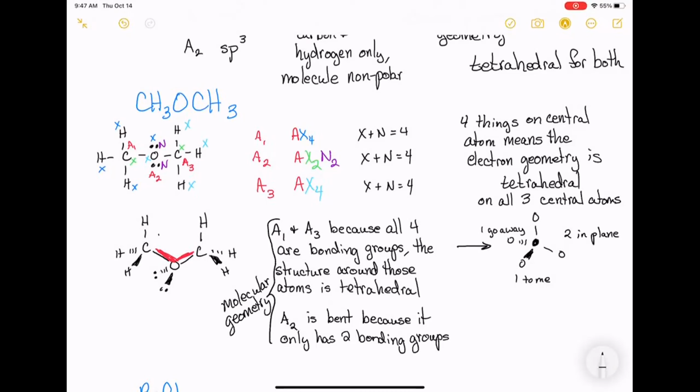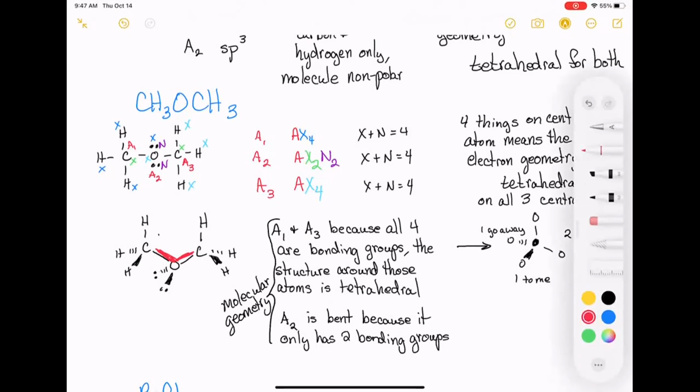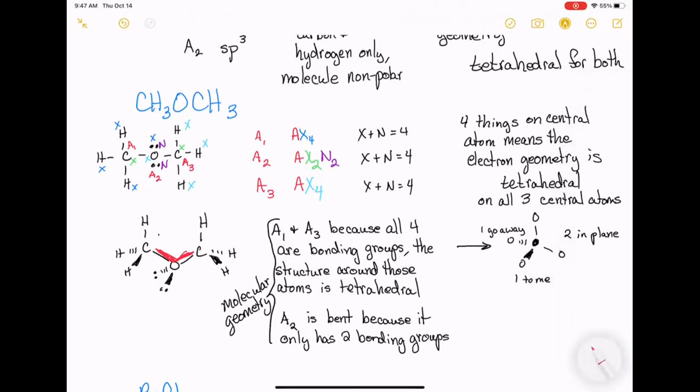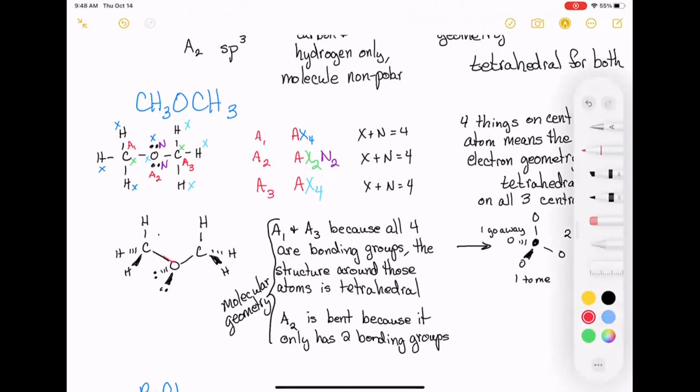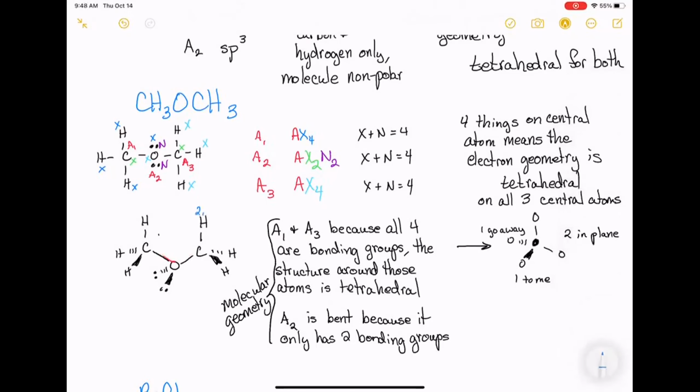Okay, let's talk polarity. Hydrogen is 2.1.